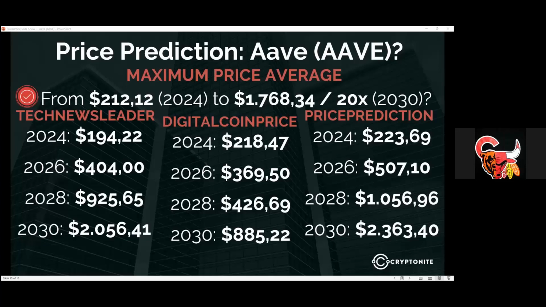But that's only my opinion: 200 by 2024, around 400 by 2026, around 900 by 2028, and as much as 2,000 by 2030. So let's say the average consensus is around $1,800. So that's a 20x from here.